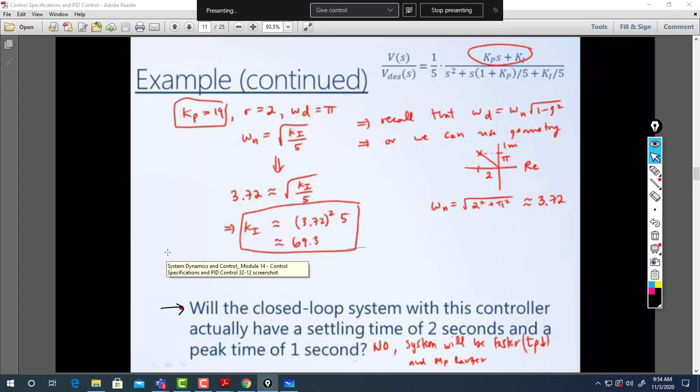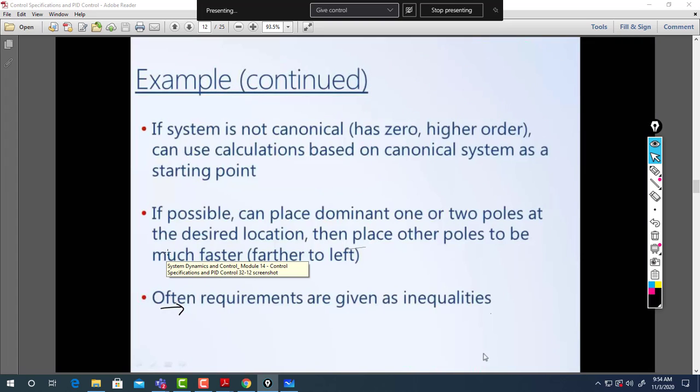Usually I don't give this example at the beginning, but if the system is not canonical, has a zero like this system we had, or is a higher order system, you can use calculation based on a canonical system as a starting point. So it's good to have this example to know that. If possible, you can also place one or two dominant poles, if it's a higher order system, at the desired location, then place other poles to be much faster.